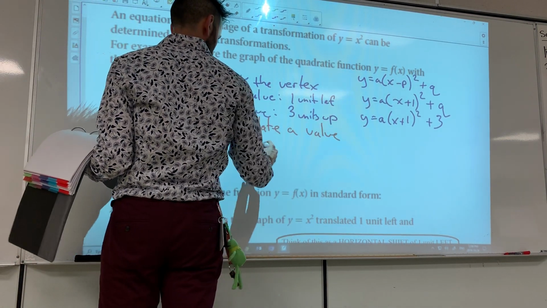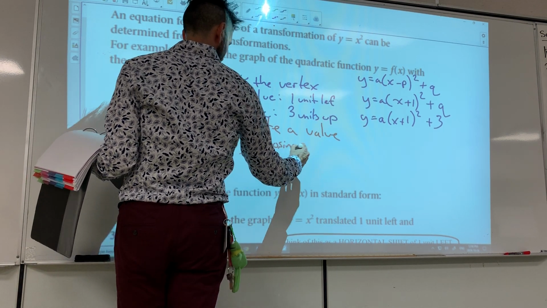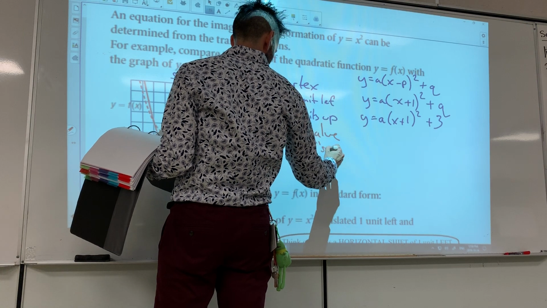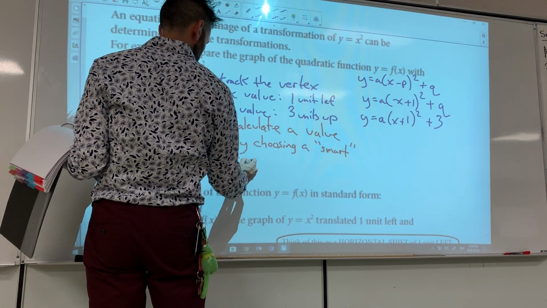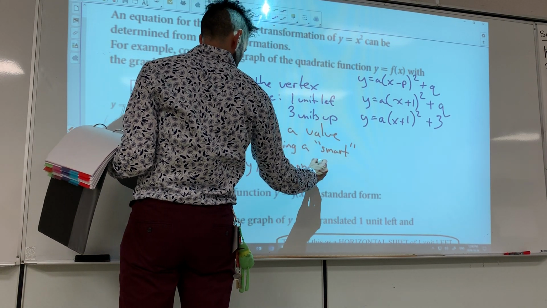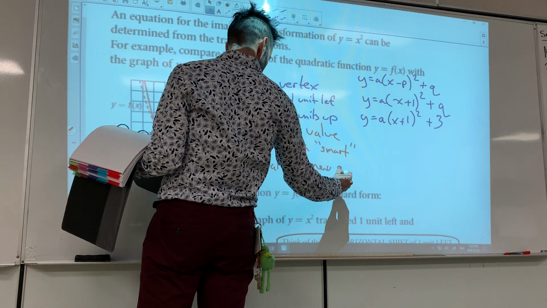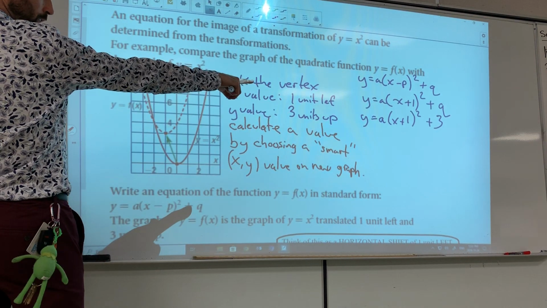So calculate a value by choosing, I'm just going to say a smart, aka easy, xy value on the new graph. Like you have most of the equation.